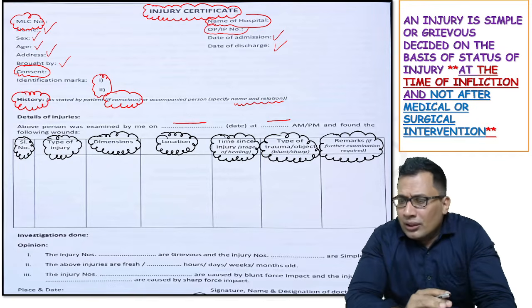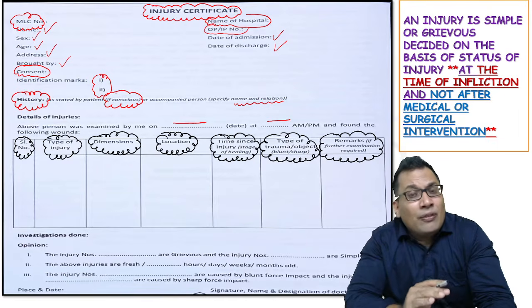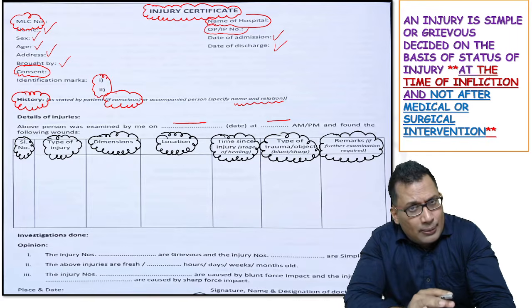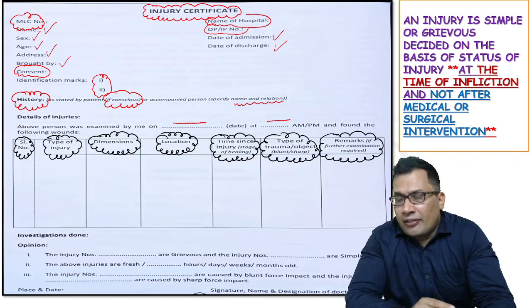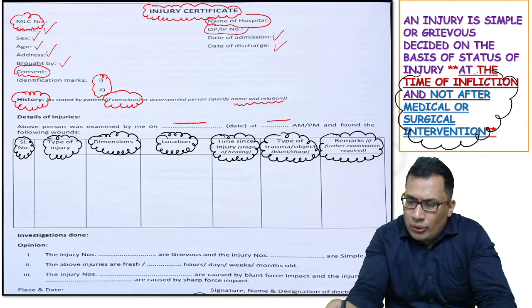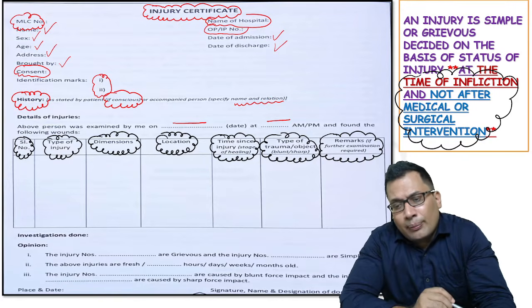So remember, it is on the basis of status of injury at the time of infliction or at the time of examination, not after medical or surgical intervention. This point you need to know.